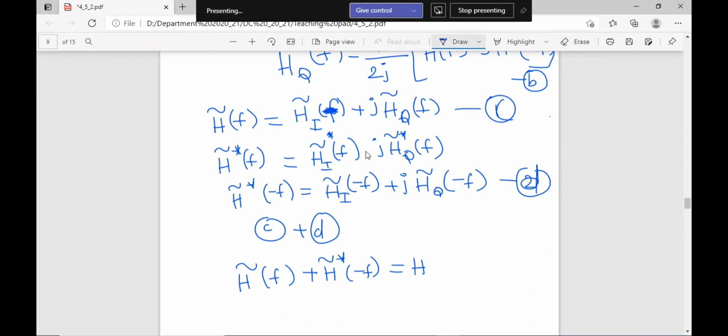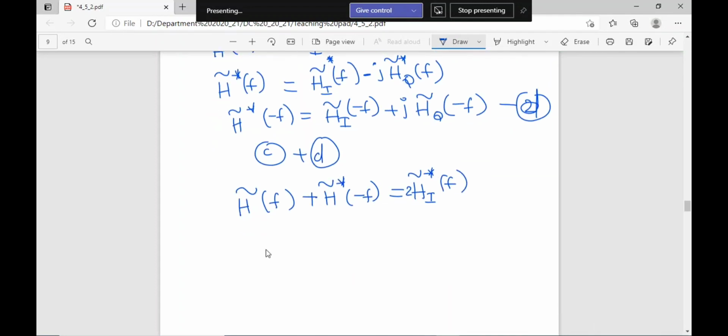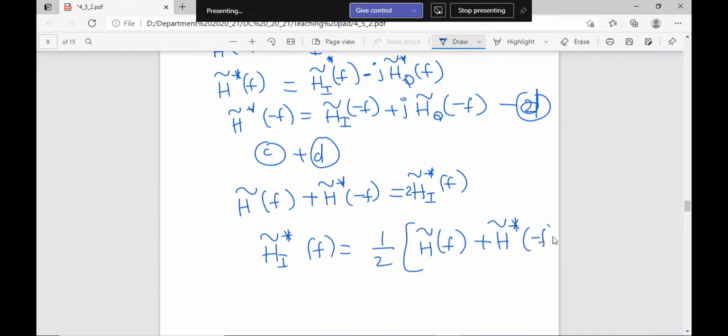Complex conjugate I need to take, so it will be minus. So it will be 2 hi tilde star of f, and these two will get cancelled. So it will be equal to half h tilde of f plus h tilde star of minus f. Okay, so this is what I have written here.